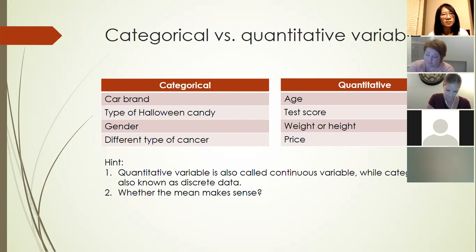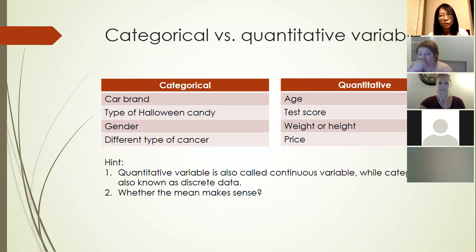It can range from, say, 100 to 400. Also weight, height and price. Price for clothing can range from say 10 to thousands. So they have continuous features, and those are usually considered quantitative variables.